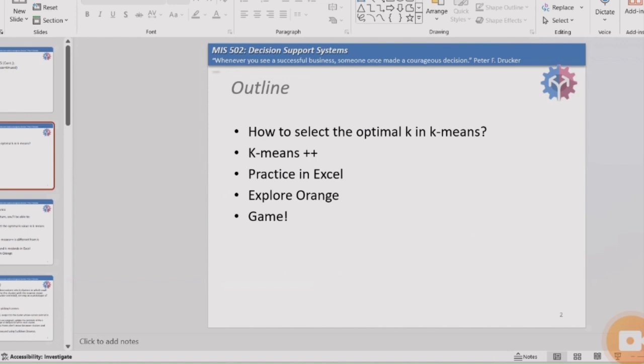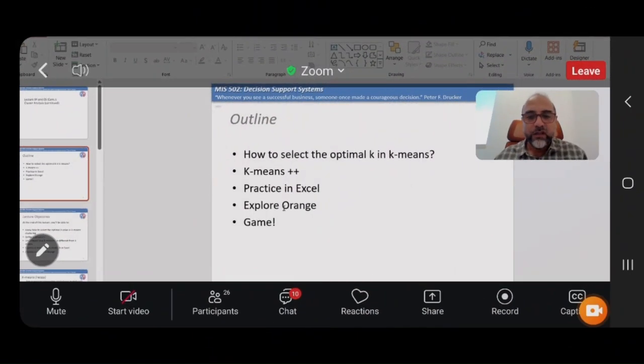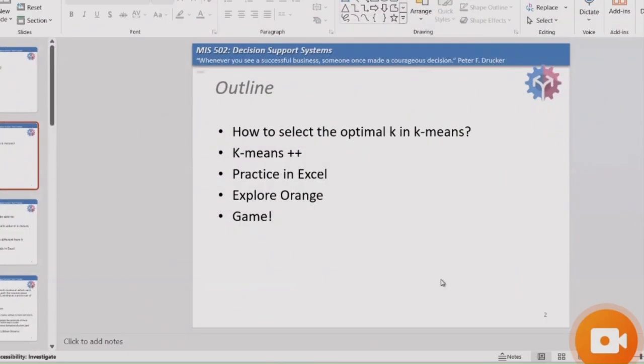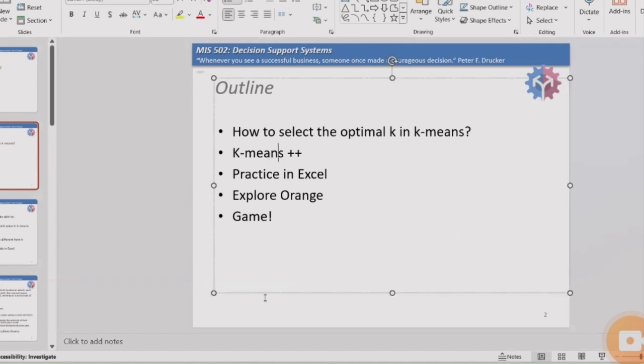In smaller data you can just use plotting, but it doesn't work when your data sets are large. I'm going to show you how to select optimal K using some methods, and then discuss K-means plus plus, which we are not going to solve in this class, but it's a version of K-means that works faster.